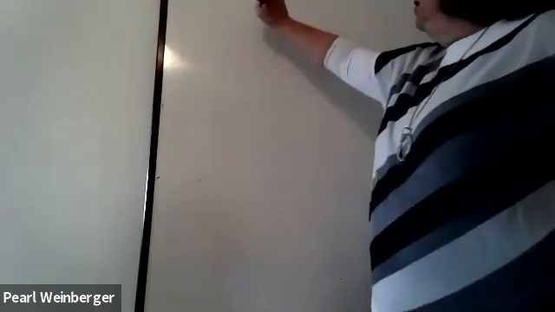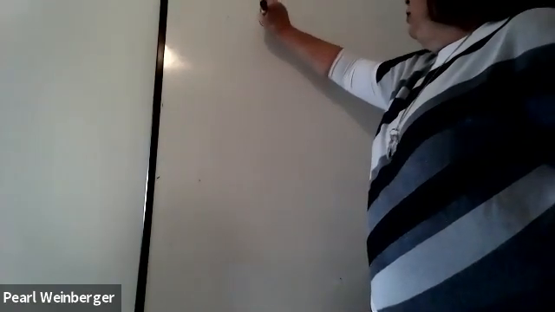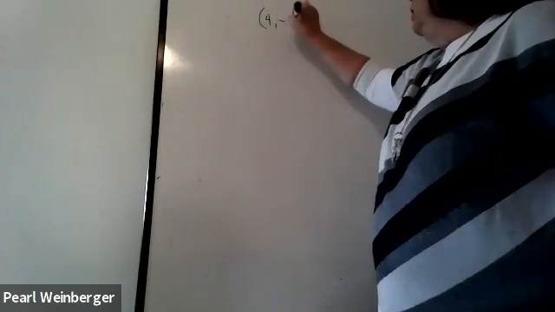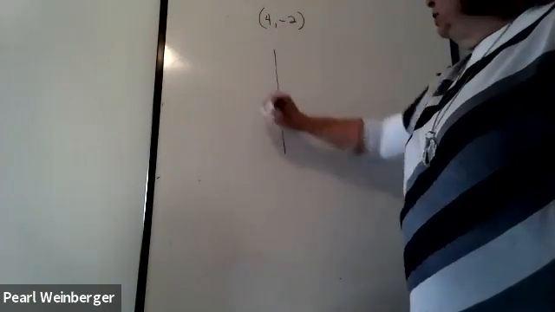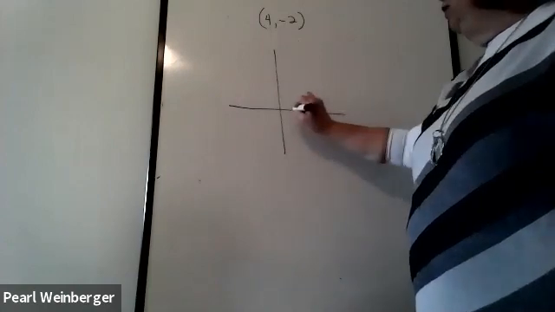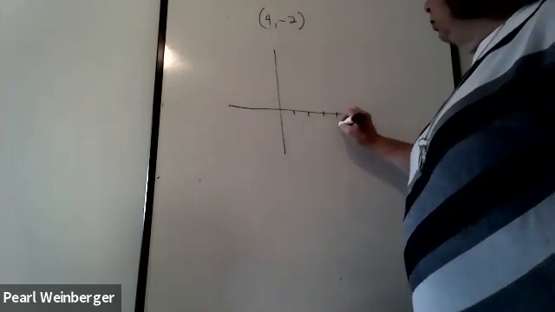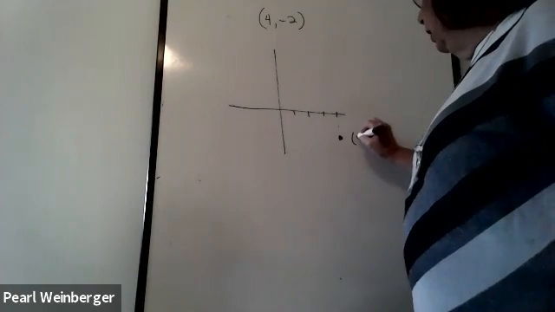Let's say I give you a point like this, 4, -2. I'm just going to draw this. Here's 4, -2. 1, 2, 3, 4, 1, 2. Here's the point 4, -2.